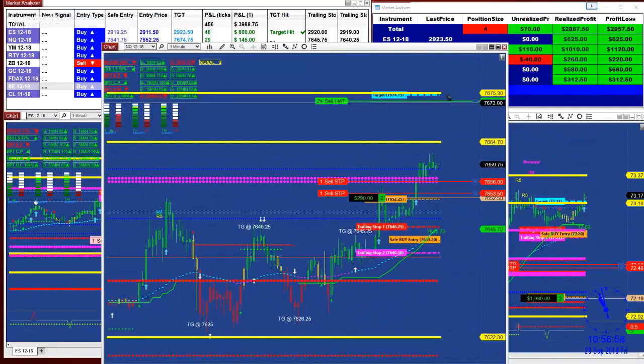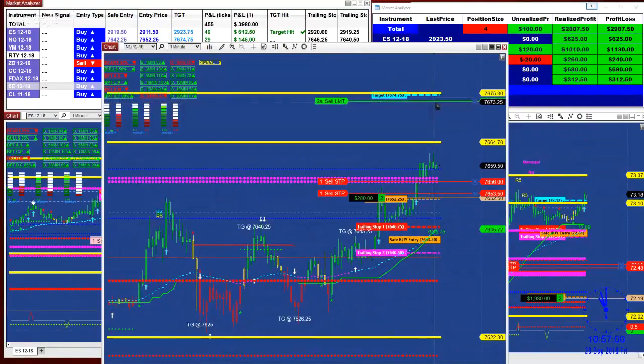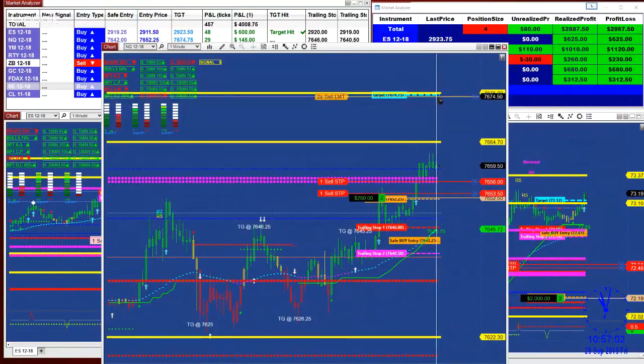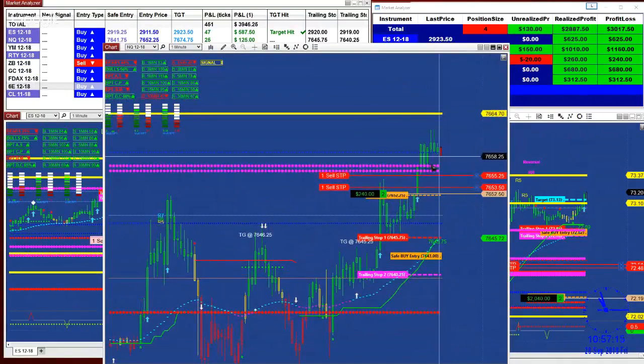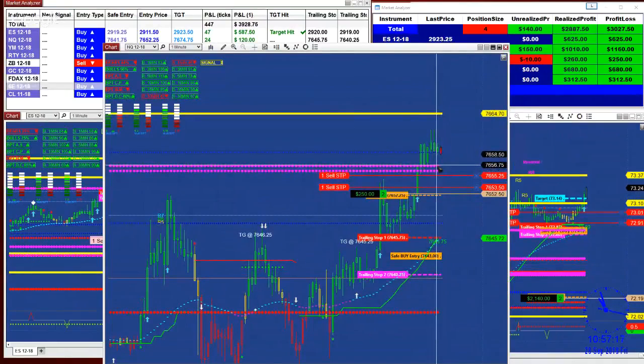Okay, we have a target at 74.50, guys, on the Nasdaq. This is where the major support area is. So if you're not on that trade with the Nasdaq, there is a potential pullback re-entry at 56.75. 56.75 here.